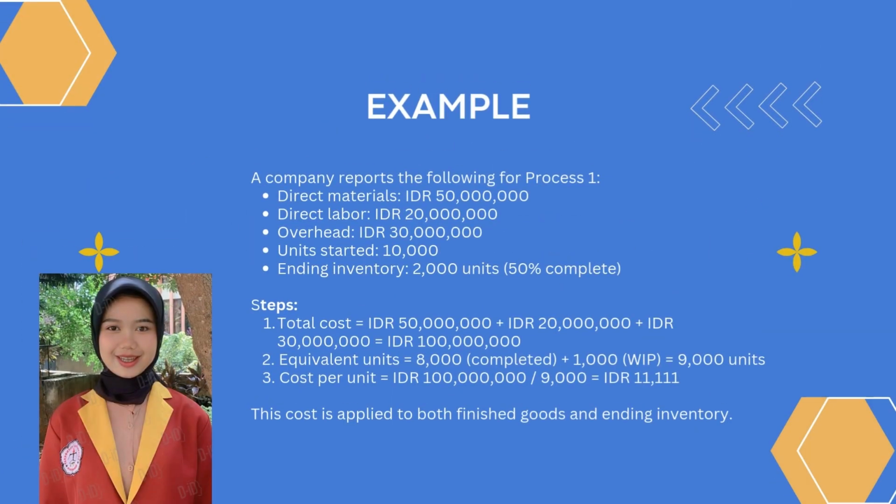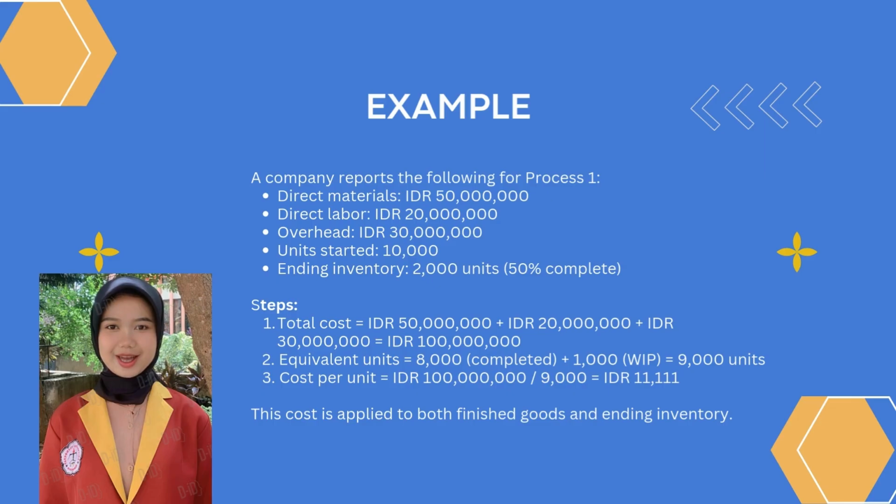Simple calculation example. A company reports the following for process 1. Direct materials, IDR 50 million. Direct labor, IDR 20 million. Overhead, IDR 30 million. Units started, 10,000. Ending inventory, 2,000 units, 50% complete. Steps.